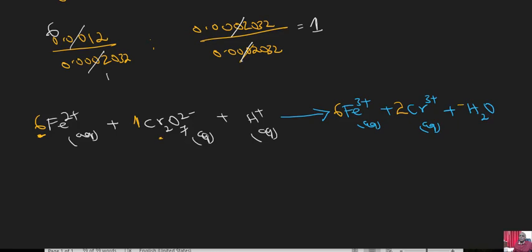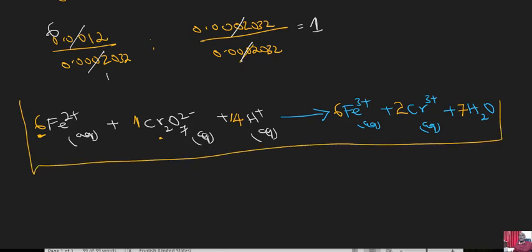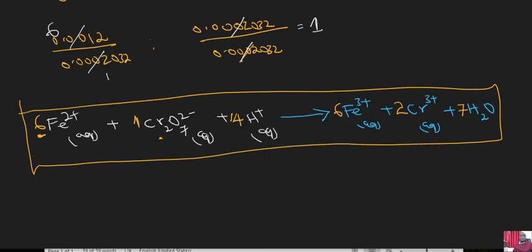So we put 7, and here it is 14. So we have been able to come up with a balanced chemical equation. We have been able to put the mole ratios in this equation through the practical, and that is simply the proof of stoichiometry of chemical equations. Thank you for listening to me.